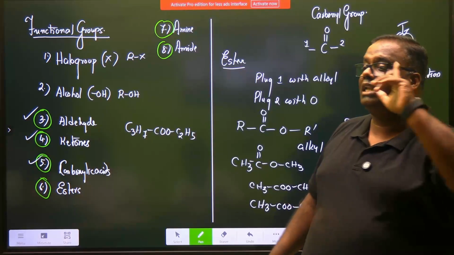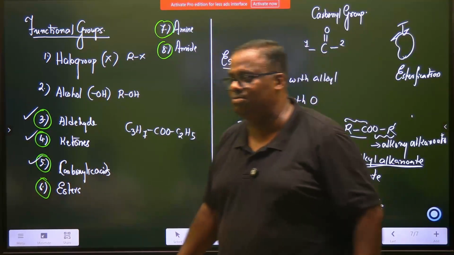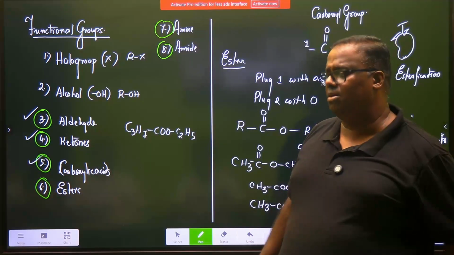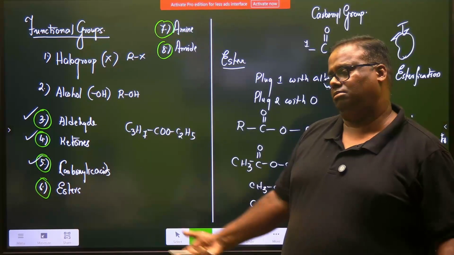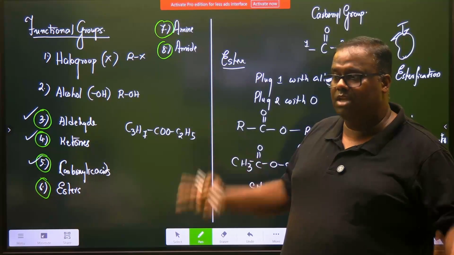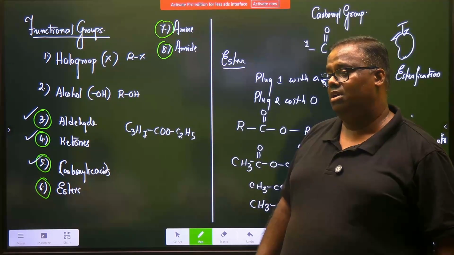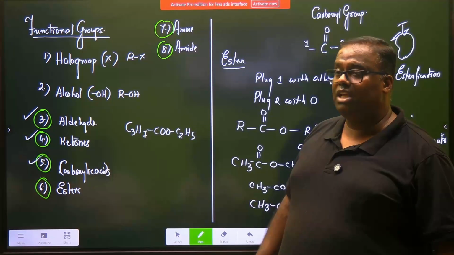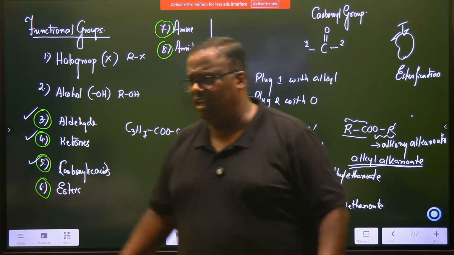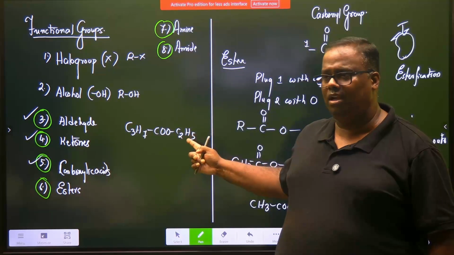What is the alkyl name for 2 carbon atoms? Name the alkane member with 2 carbon atoms. Ab padh nahi rahe ho iska matlab. Ethane. If from ethane you snatch 1 hydrogen, it forms what? Ethyl. So C2H5 is ethyl.